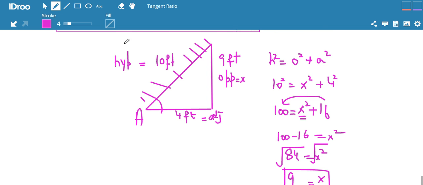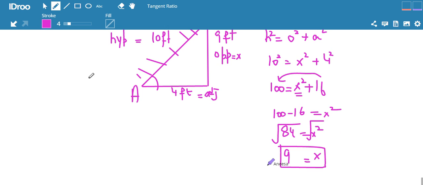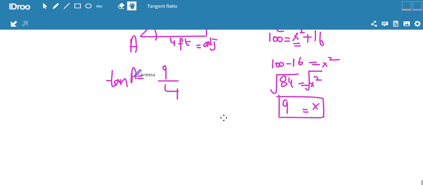Now you can easily find it out. You know tan A equals opposite over adjacent. So 9 by 4, and complete it. Hurry up.